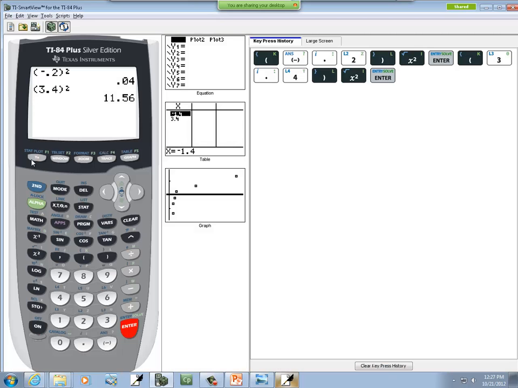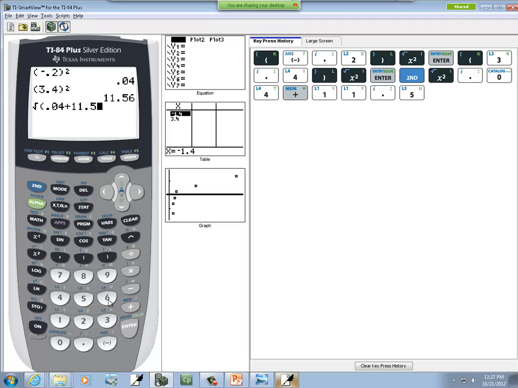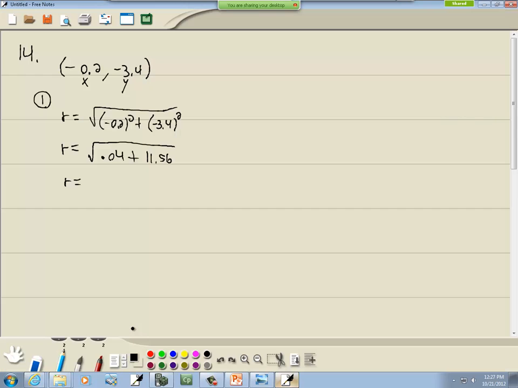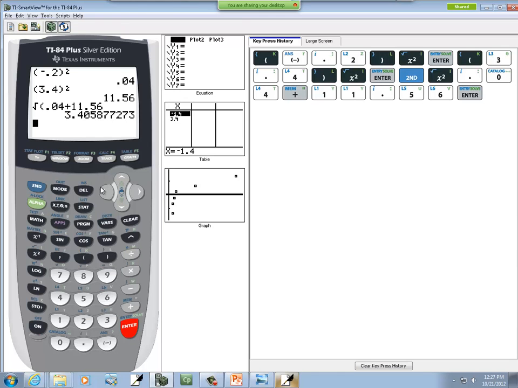Let's plug this into our calculator now. So I'll do second, x squared, for the square root: 0.04 plus 11.56. And we get this. Now I'm going to take it to 2 decimal places maybe, 3.41.